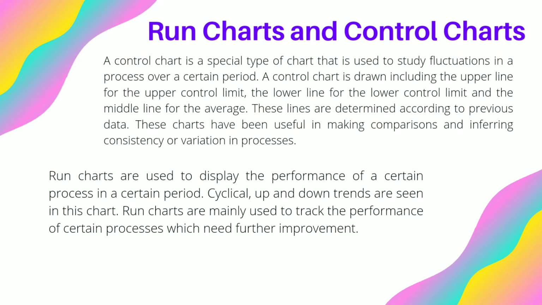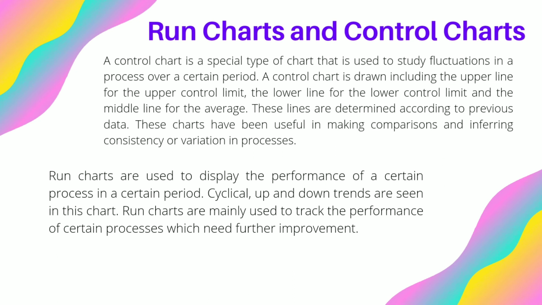A control chart is a drawing including the upper line for the upper control limit, the lower line for the lower control limit, and the middle line for the average. These lines are determined according to previous data. These charts have been useful in making comparisons and inferring consistency or variation in processes.